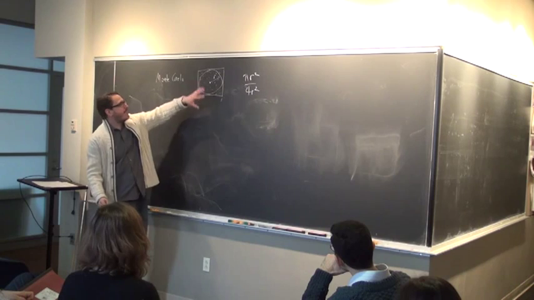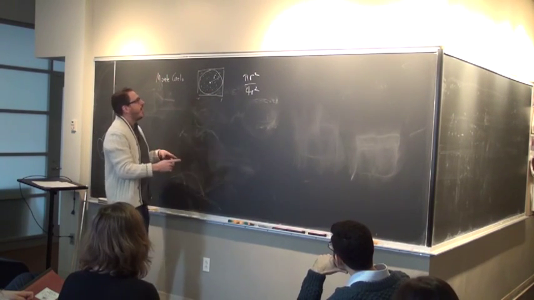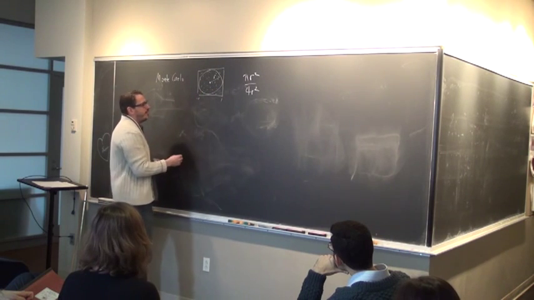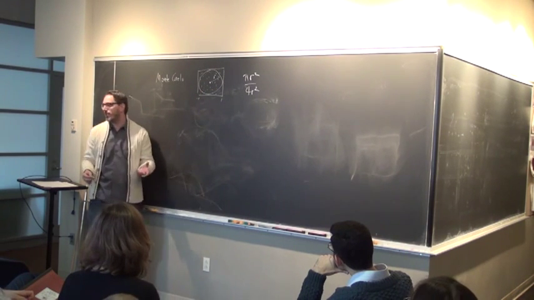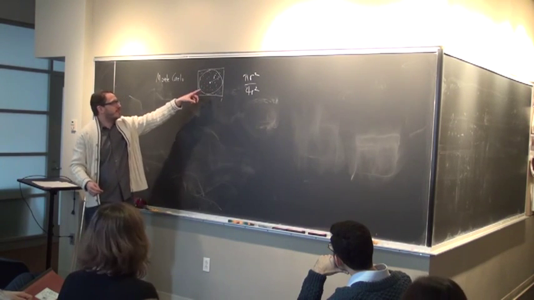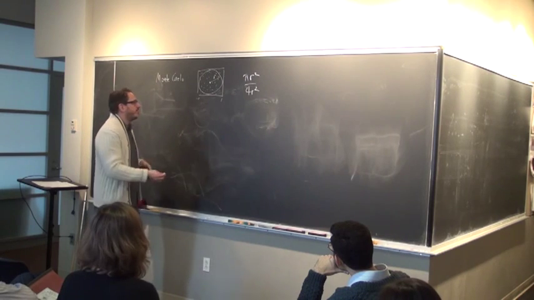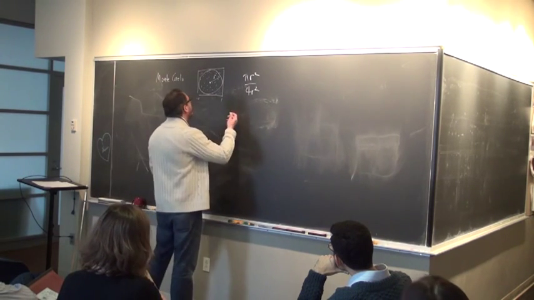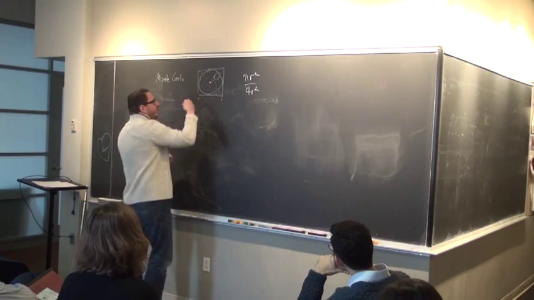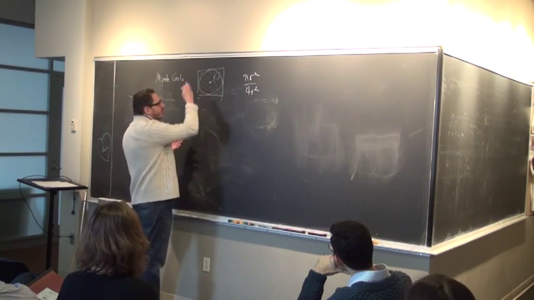So if I have n Monte Carlo samples inside of this square, I'll say, well, I'm only going to keep the ones that are inside of the circle. So I'll calculate the distance from the origin for each point, and only keep the ones that have a radius less than 1. Then the area of the circle is proportional to the number of points in the circle, and the area of the square is proportional to the number of points in the square.